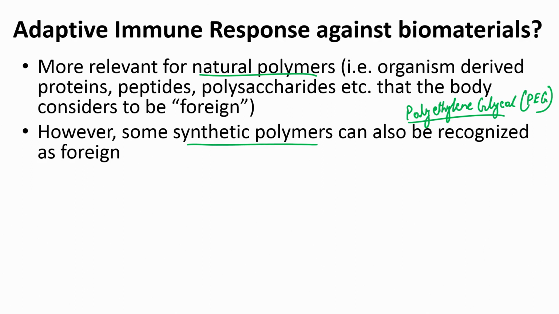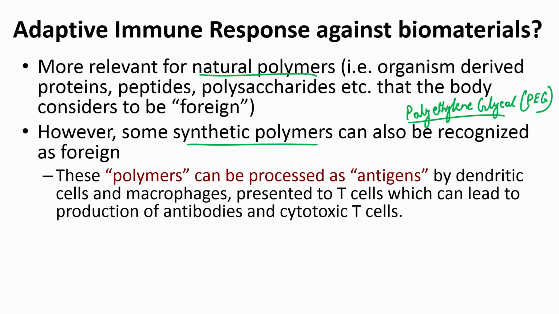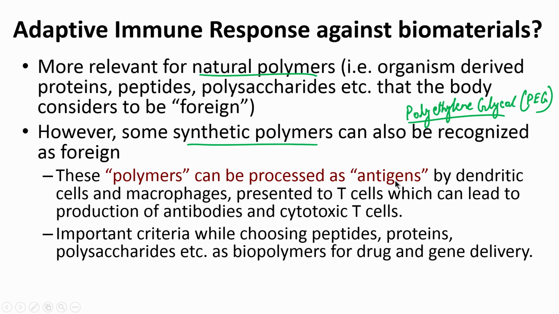However, at least so far the literature has shown that they are not as immunogenic as, let us say, natural polymers are. So these polymers, as I said, can be processed as antigens by dendritic cells or macrophages and presented to T cells or B cells, and that can lead to production of antibodies or cytotoxic T cells against your material.